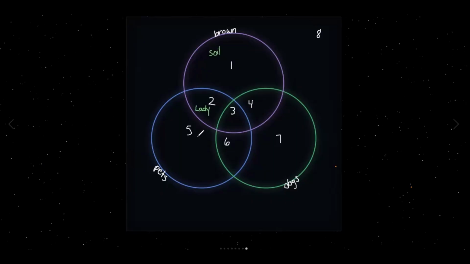Region 5 would represent the set of things that are pets, but not brown and not dogs. So Lance, my cat, is white and orange. He's not brown, so he would go in this region of space. Region 3 represents the set of things that belong to all 3 of these categories. Things that are brown and dogs and pets.